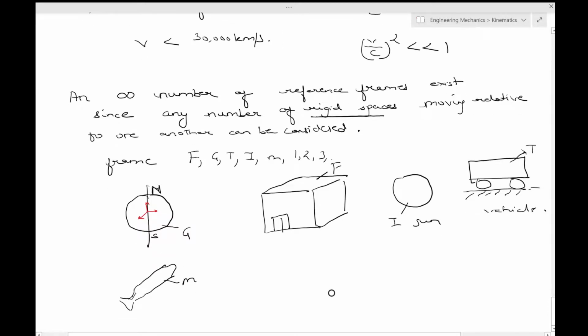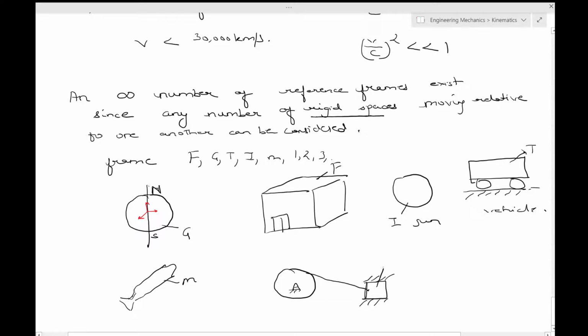Then you can have a mechanism like this, similar to a piston cylinder assembly in an internal combustion engine. Most of the cars and bikes which you see on the road work using internal combustion engines.